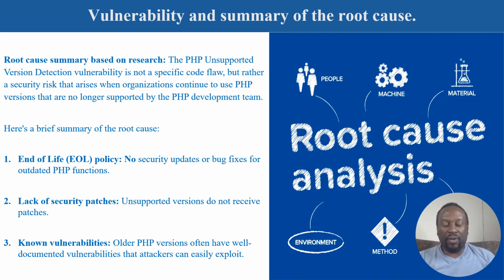Here's a brief summary of the root cause: end-of-life policy, no security updates or bug fixes for outdated functions, lack of security patches, and known vulnerabilities that can be easily exploited by attackers.